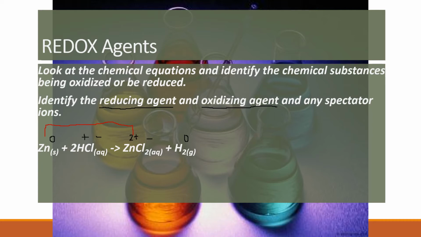Well, to go up in positive charge, you would have to lose 2 electrons. So these 2 electrons are getting lost. We're going to call it losing electrons. And remember, it is LEO, so it's going through oxidation. And the opposite agent is the reducing agent, RA.